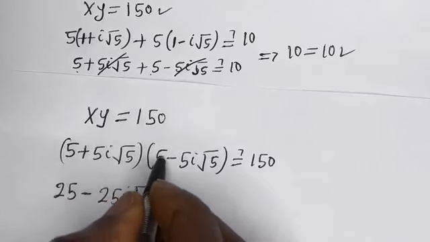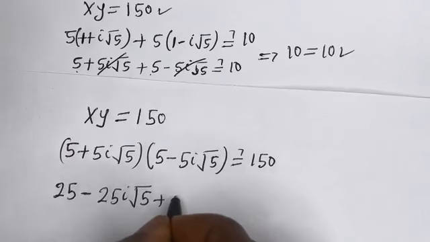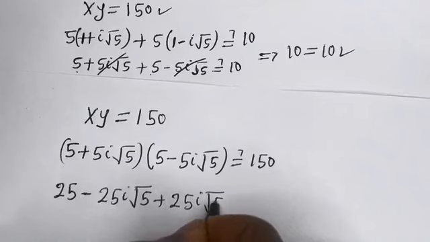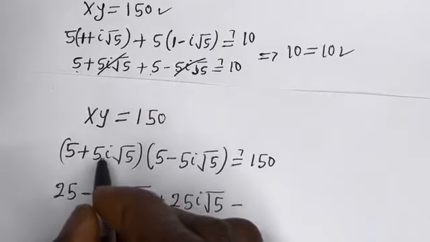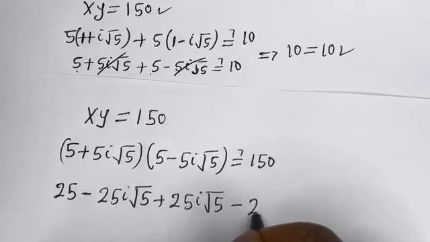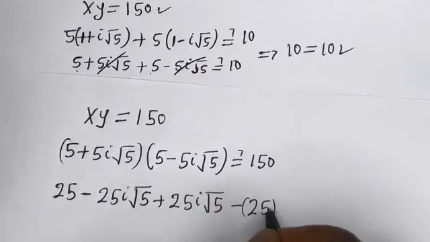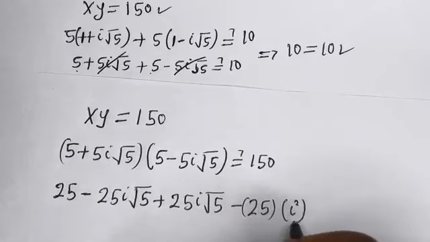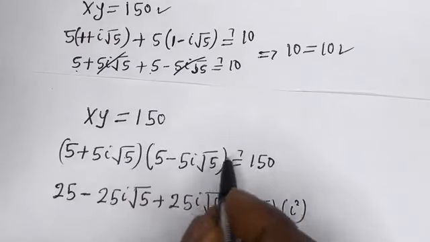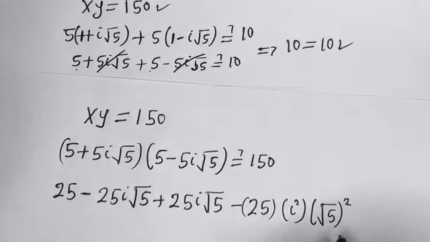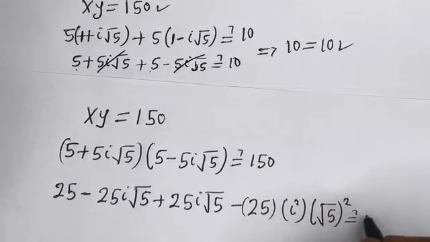Then 5i root 5 multiplied by 5, this is plus 25i root 5, minus 5 times 5, that is 25. Then i times i is i squared, and root 5 multiplied by root 5, that is root 5 squared, must be equal to 150.